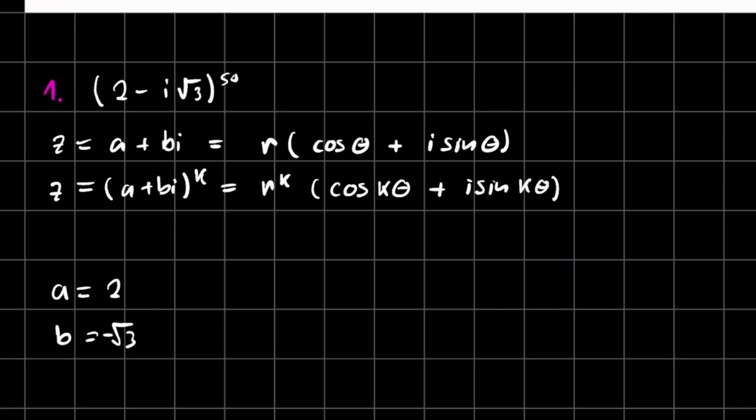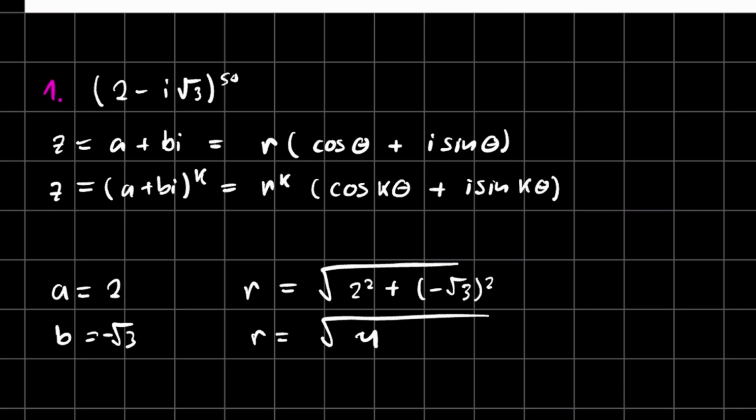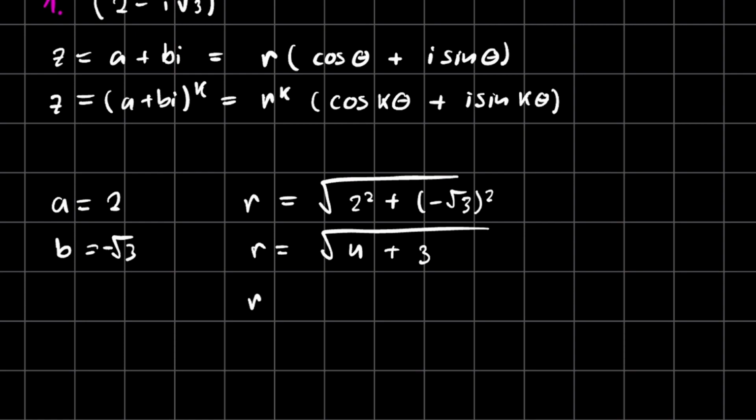So r is quite simply the square root of 2 squared plus minus square root of 3 squared, which is 4 plus 3, right? So our r is simply the square root of 7.